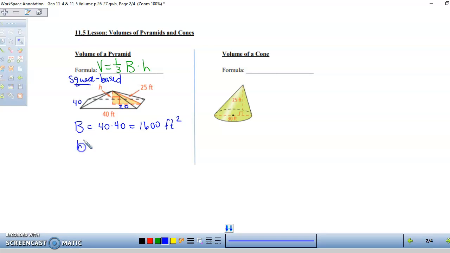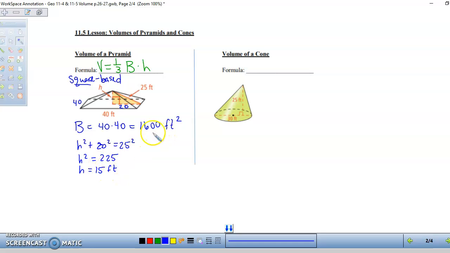So we're going to set up Pythagorean theorem. h squared plus 20 squared equals 25 squared. So h squared equals, you can use a calculator, but this is 625 and this is 400. So 625 minus 400 is 225. Square root that and you get 15 feet.